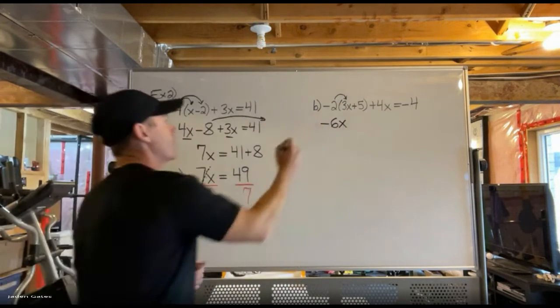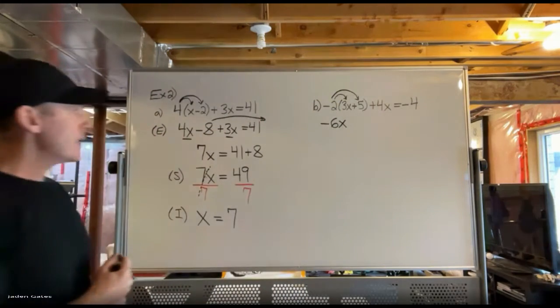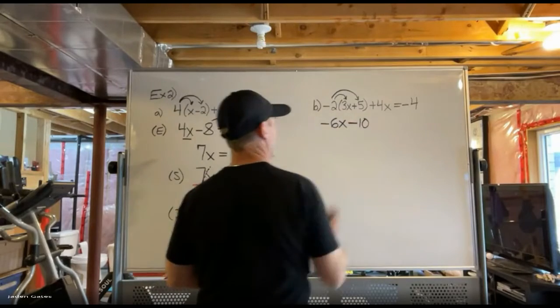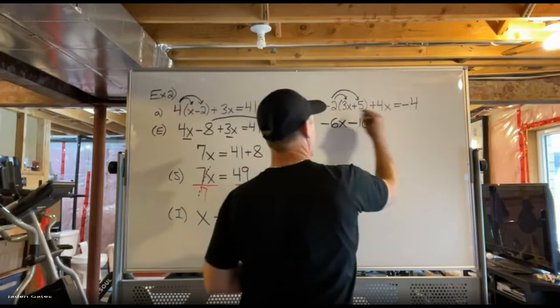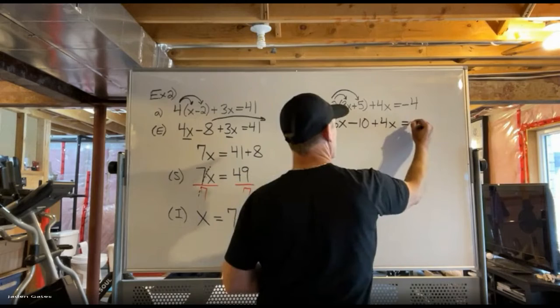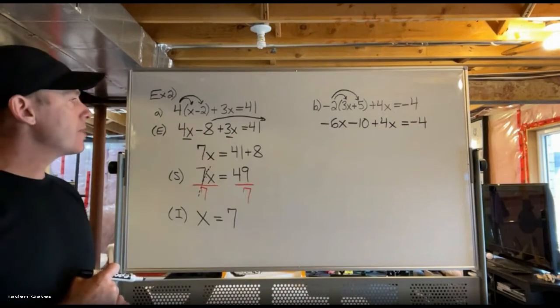And then I've got negative 2 times 5. Negative 2 times 5 is negative 10. There we go. So that's the rainbow rule done. I had this 4x. Again, I didn't do anything with it because it was not in brackets. And it equals plus 4x equals negative 4.